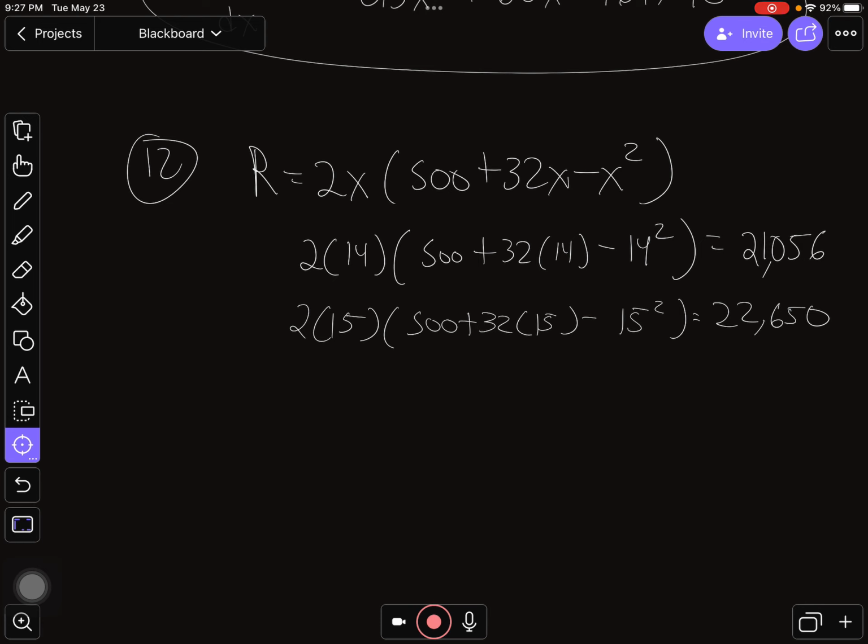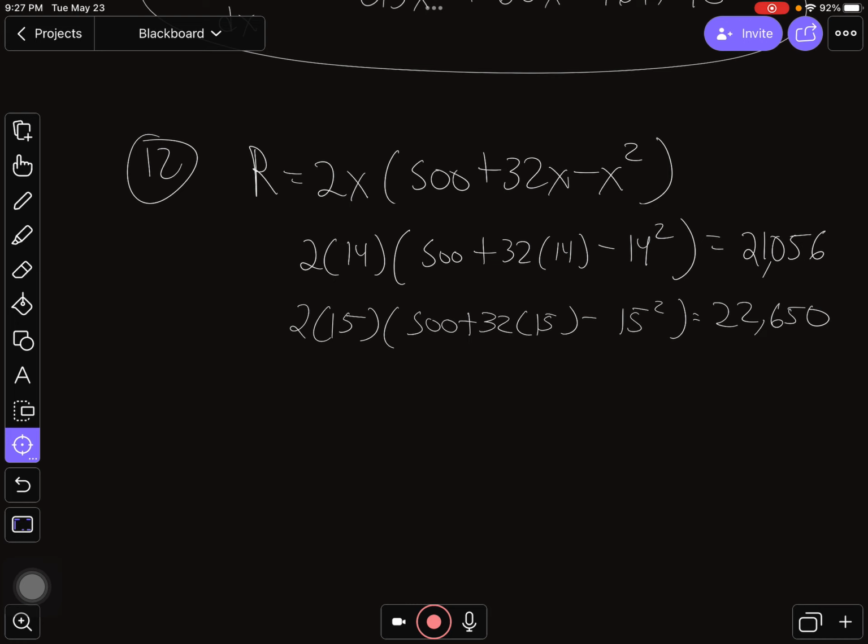But the question is, find the additional revenue when the number of rentals is increased from 14 to 15. The additional revenue is going to be the difference between these two numbers. So I'm going to take this number and subtract this number. That will be the additional revenue I got from renting 15 apartments over what I got when I rented 14 apartments.